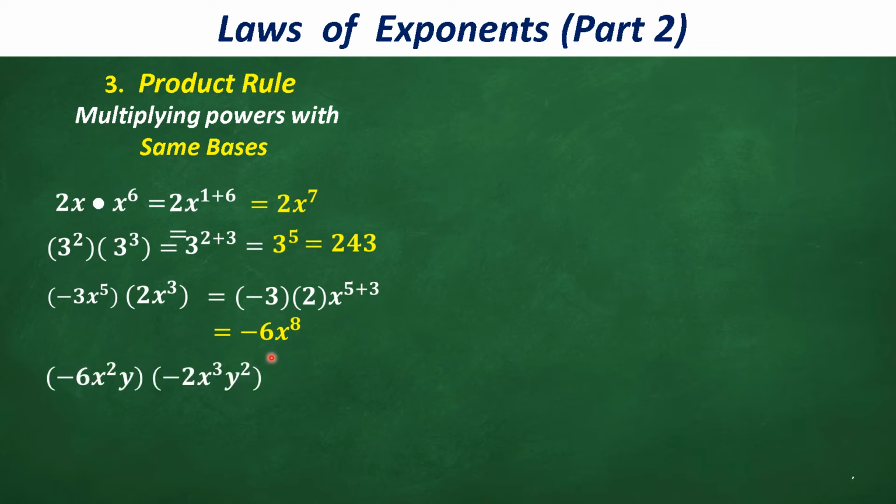Another example, we have negative 6x squared y multiplied with negative 2x cubed y squared. So again, let us multiply first ang kanilang numerical coefficients, negative 6 times negative 2. Then the same ang kanilang base, the variable x, copy, add the exponents ni x, which are 2 plus 3, and then the same ang base ni y.